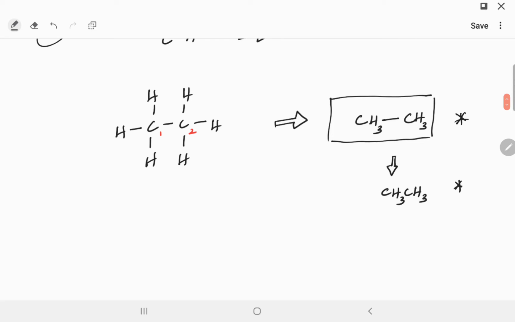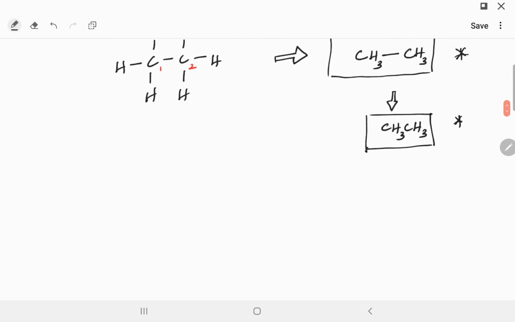But in textbooks and other places, you may also see this method where you only write the carbon-hydrogen labels and do not show any bonds. Both of these are correct. Let's take another example. Let's say you have a double bond in your structure.